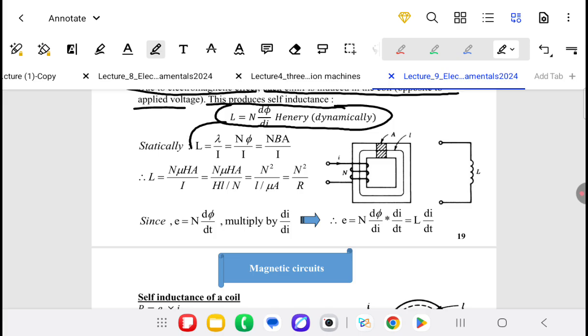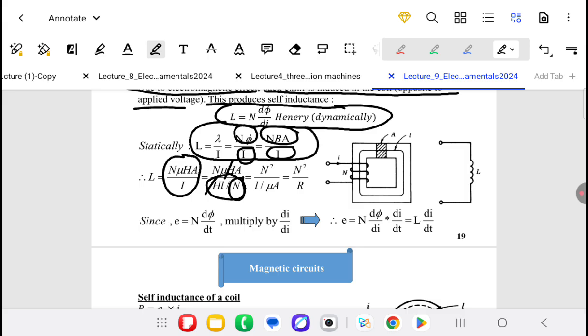Statically, L, the self-inductance, equals lambda over I, or the flux linkage divided by I, which is n phi divided by I. We can substitute phi by B times area, equals nB times area divided by I. We can substitute B with mu times H. We have n mu times H times area over I. We can also substitute I by HL divided by N. Now H cancels with H, and N, which is in the denominator of the denominator, becomes a numerator.